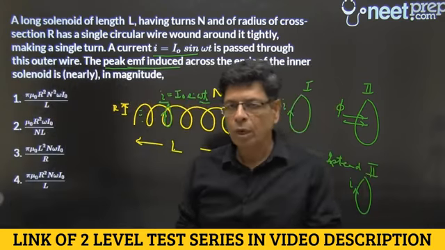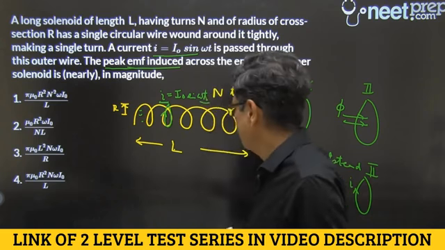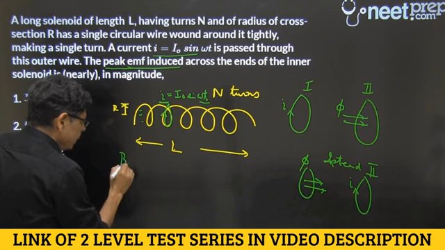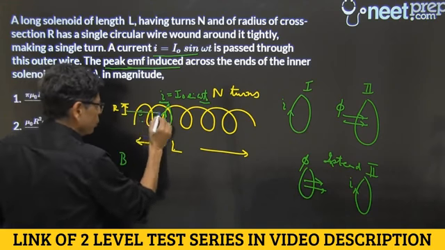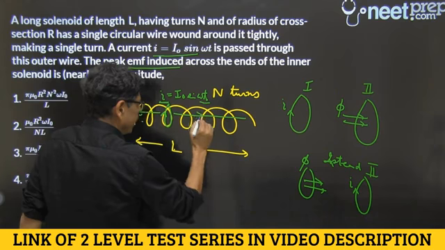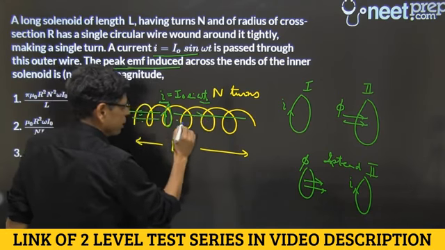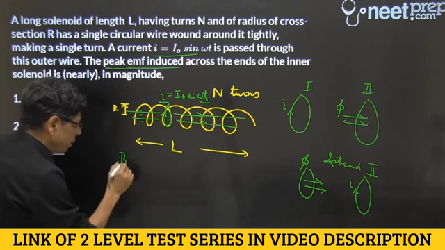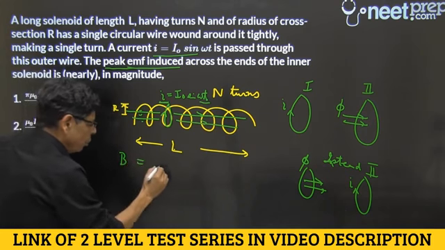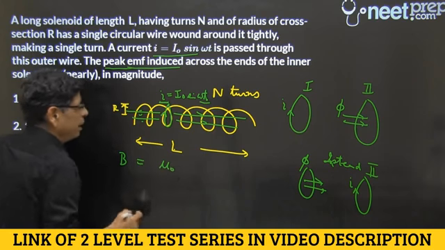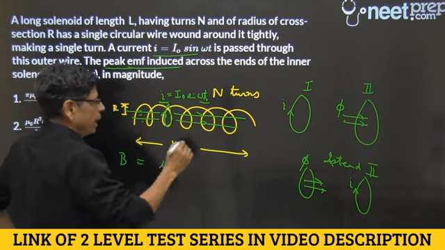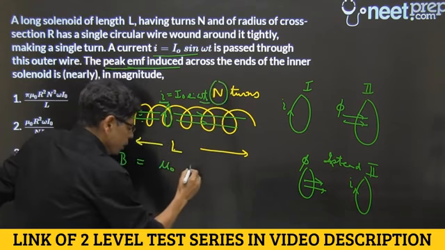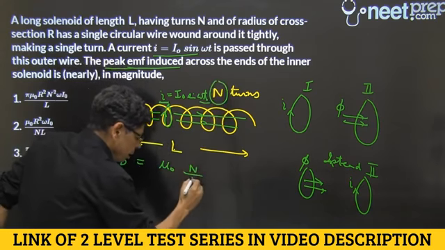All of us know the formula, mu naught n I, wherein n is the number of turns per unit length. So B inside the tunnel, which is uniform, running parallel to its axis, would be mu naught n, which is number of turns per unit length. There are N turns and the length is L. So it is N upon L.